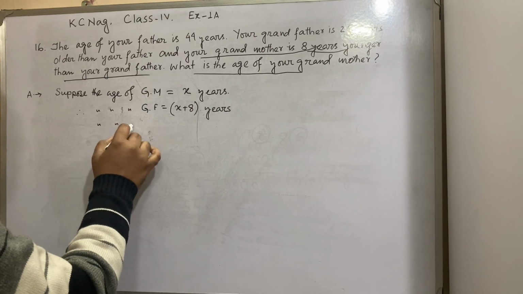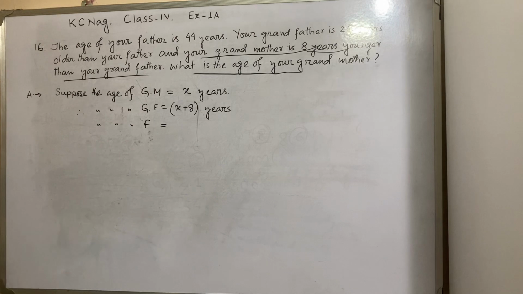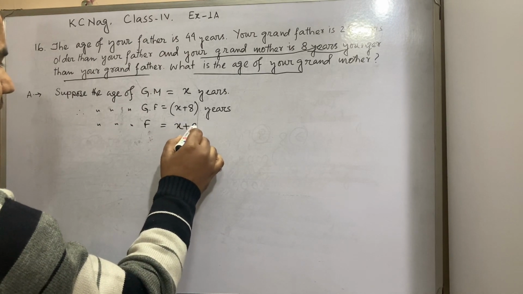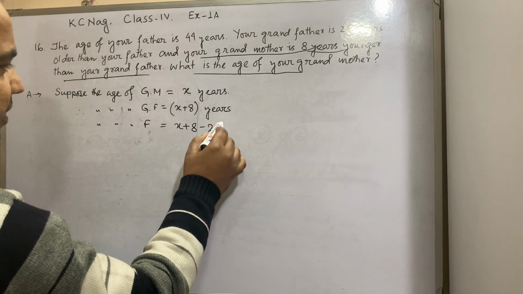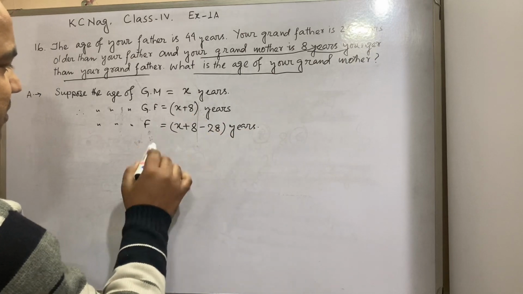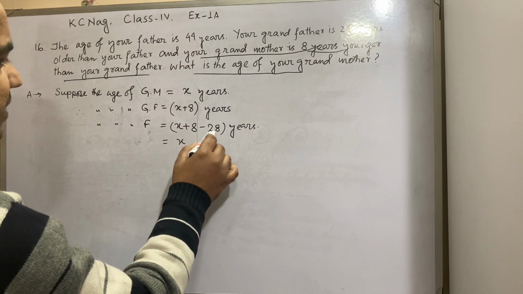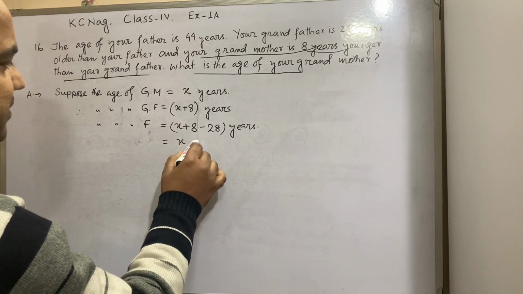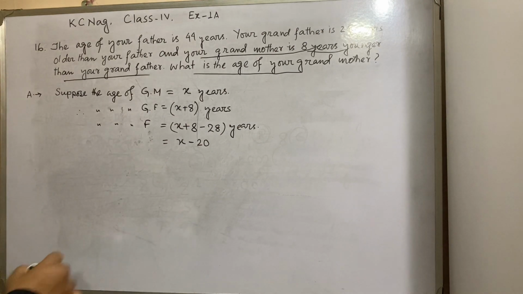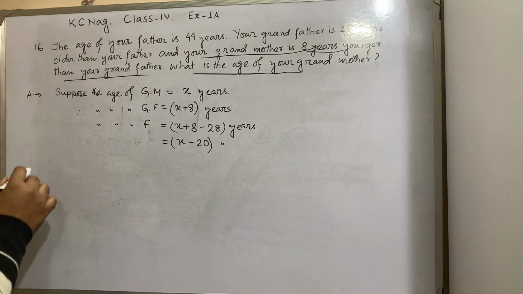So the age of father is equal to x plus 8 minus 28 years, which is x minus 20, because 28 minus 8 is 20 and the minus sign will be here. This is years.